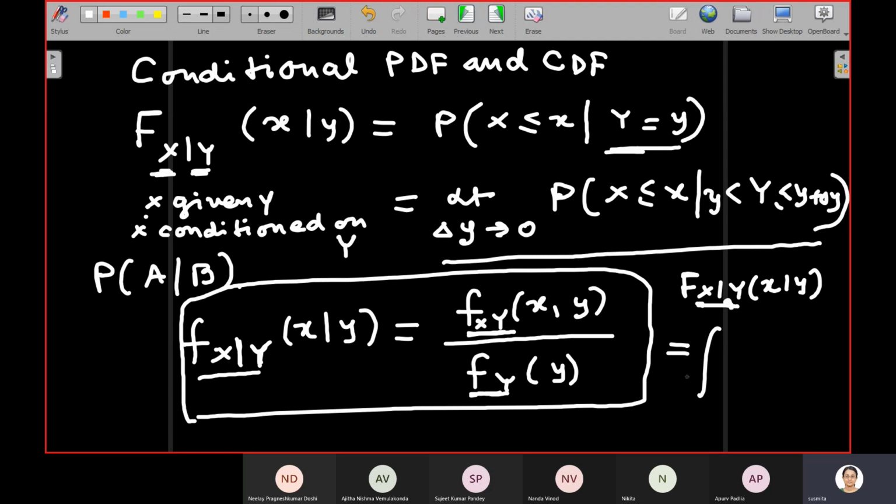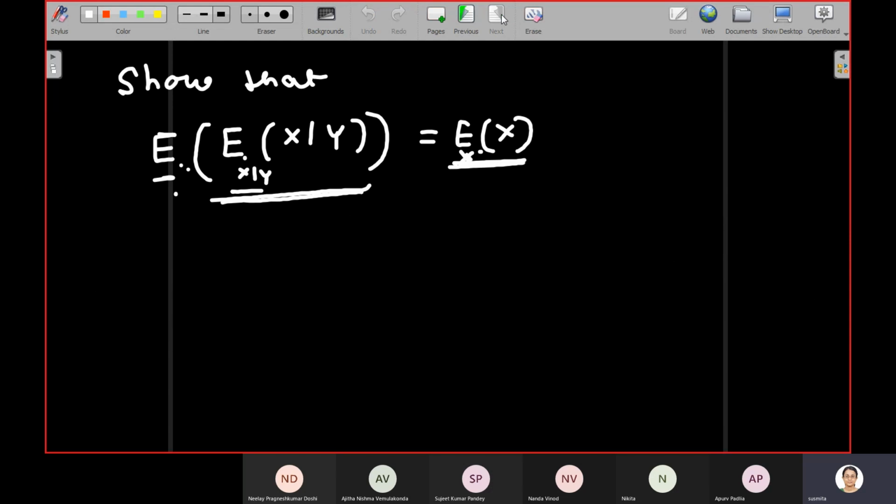So to find the conditional CDF, you need to do the integration from minus infinity to X and use the conditional PDF. So this will give you the conditional CDF from the conditional PDF.